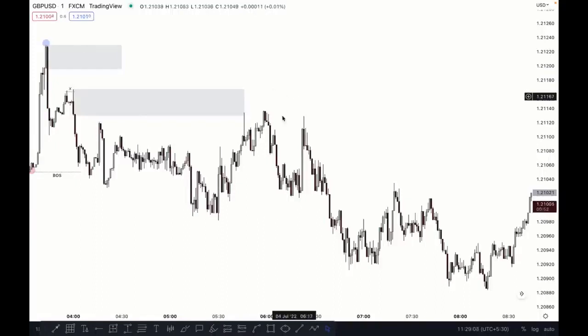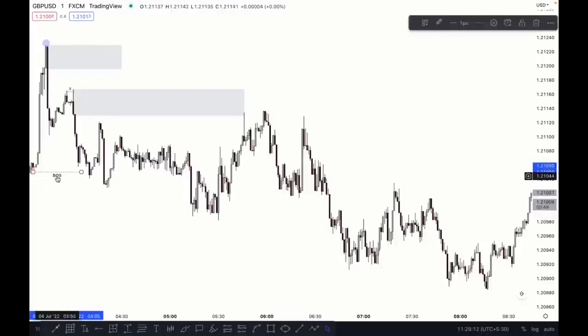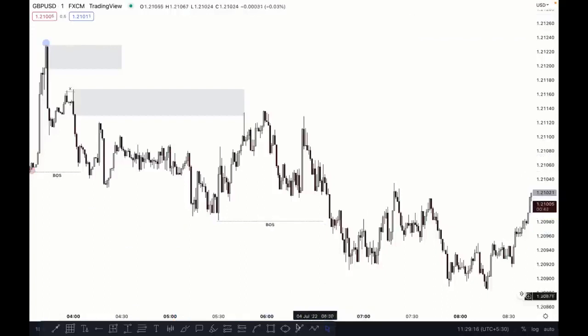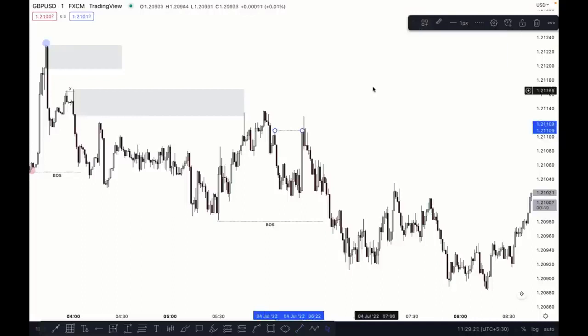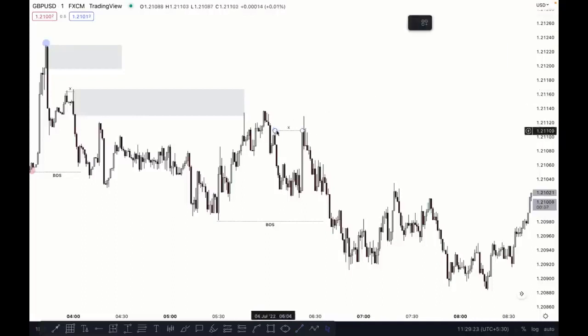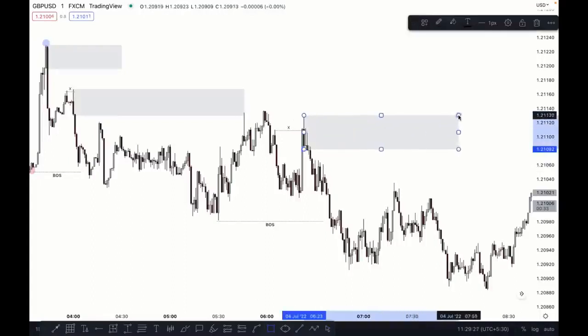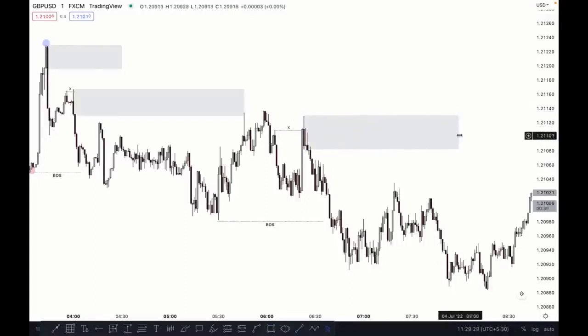So the same thing applies here. As you can see here, if you know that this one is your structure break and this has been liquidity taken out, I mean previous high taken out, and this will be your next order block, I mean next IFC in another time frame.